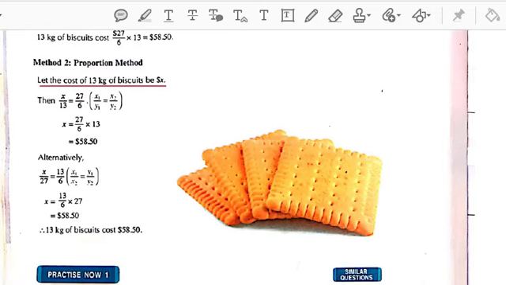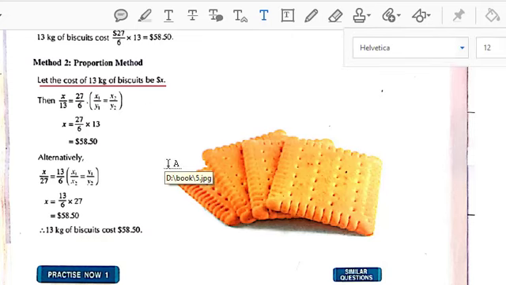So x1 equals the cost of the biscuit and y1 equals the weight of the biscuit.